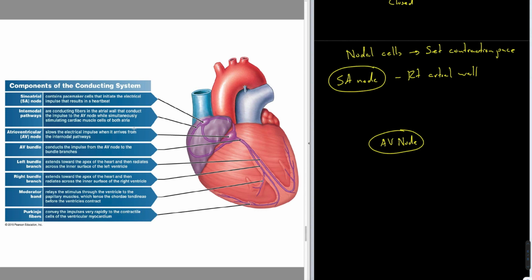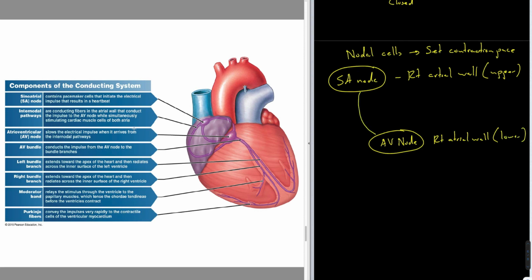Okay. This is kind of buried in the right atrial wall a little bit lower. So this is the upper wall. This is a little bit lower. So right atrial wall, kind of between the ventricles. So I'll just put lower.